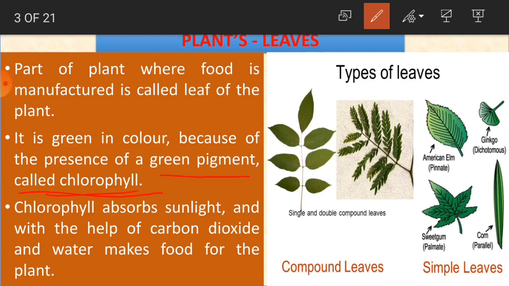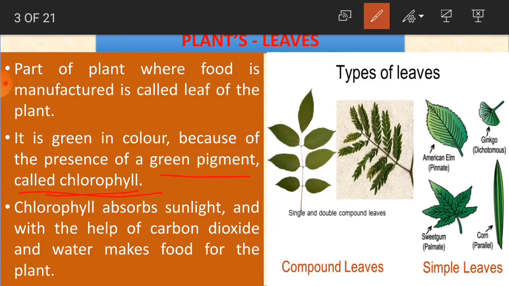What is it called? Chlorophyll. Yes. And what does this chlorophyll do? Chlorophyll absorbs sunlight and with the help of carbon dioxide and water makes food for the plant. What is the main work of the chlorophyll, children?